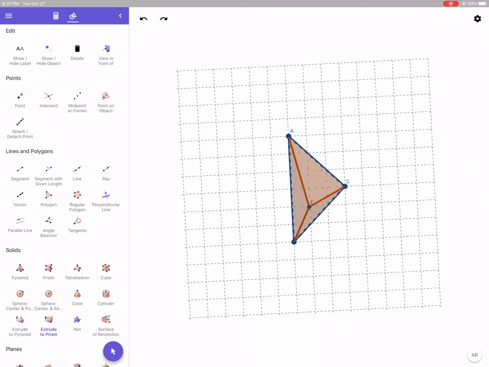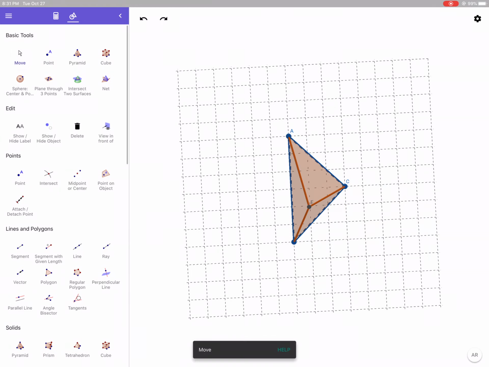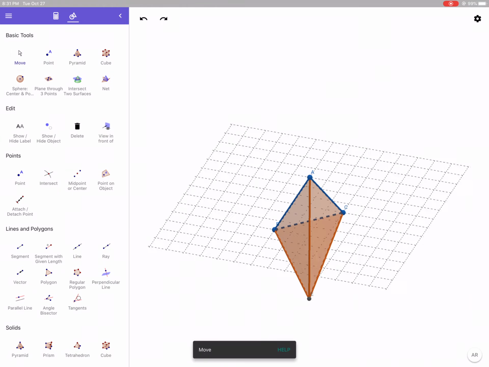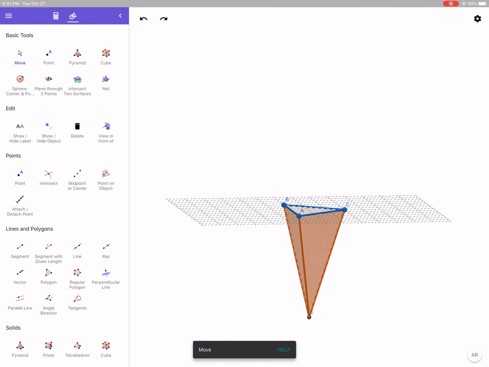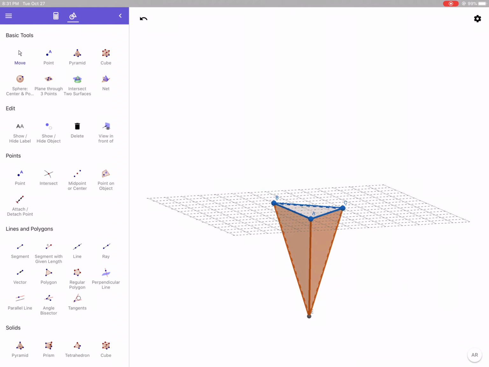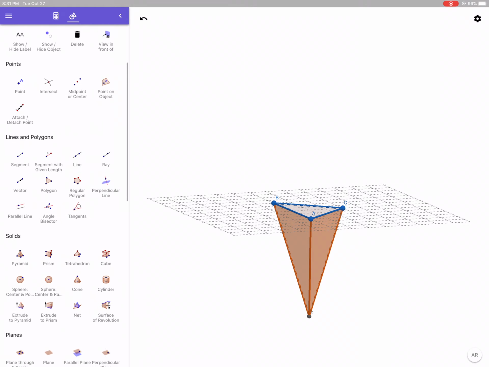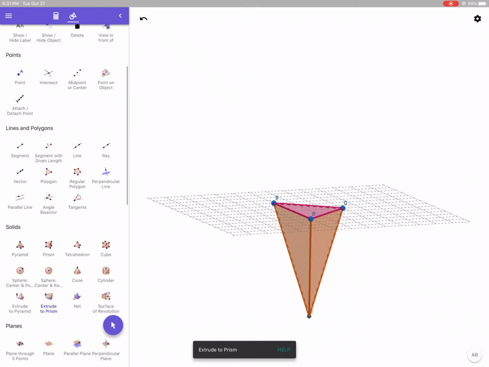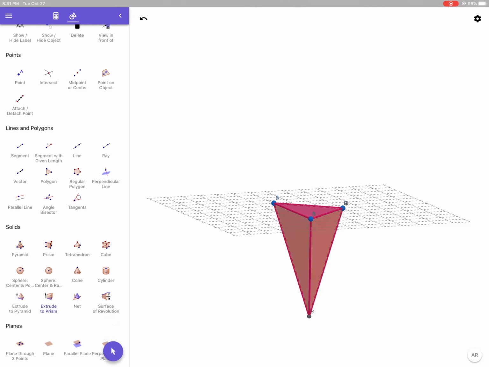None of those are working. Let's see. Ooh, I've done this before, trust me. I'm trying to think what's the best way to try to touch it. Let me try it this way. For some reason it's not liking it.